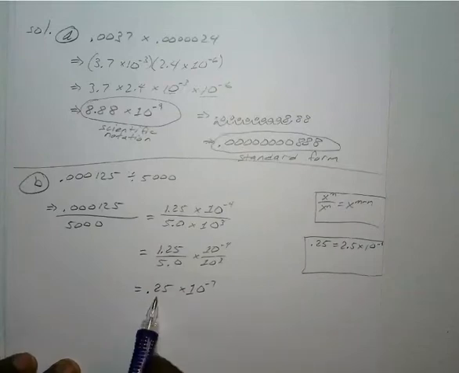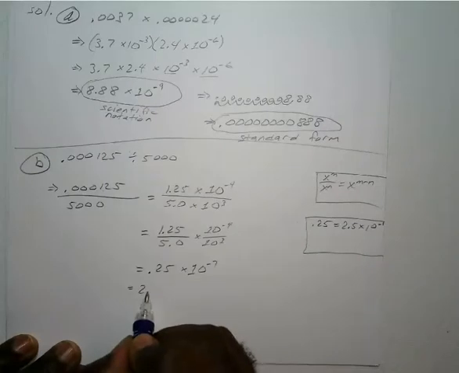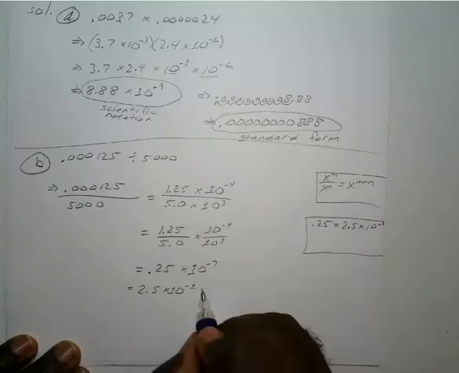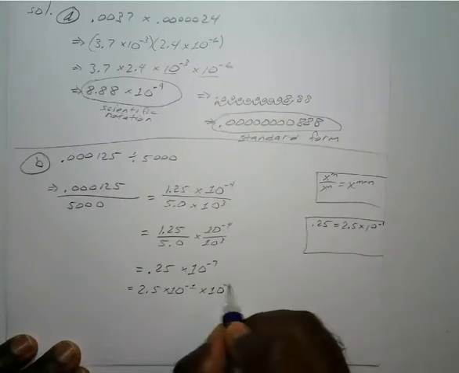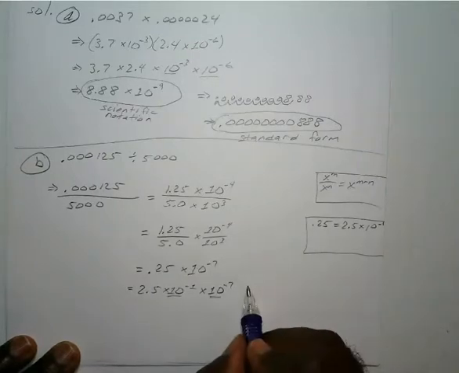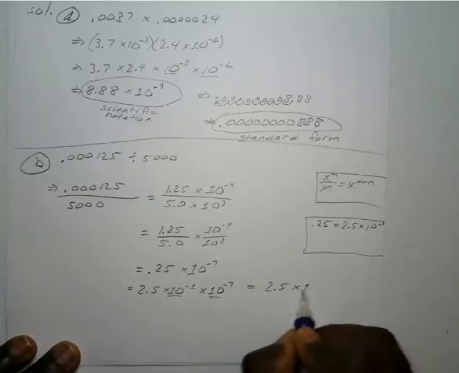So we're going to replace that 0.25 with 2.5 times 10 to the negative 1 power, and that's times 10 to the negative 7 power. Once we combine those two, that's going to equal 2.5 times 10.